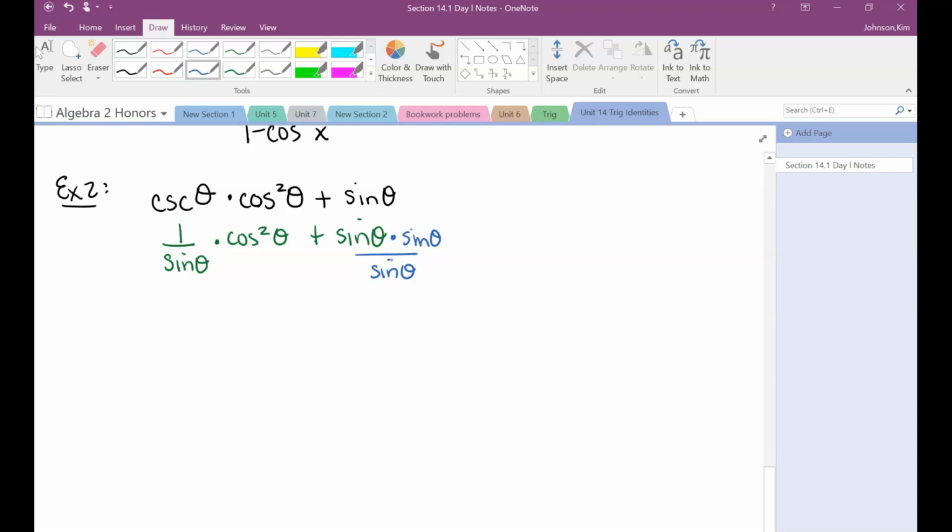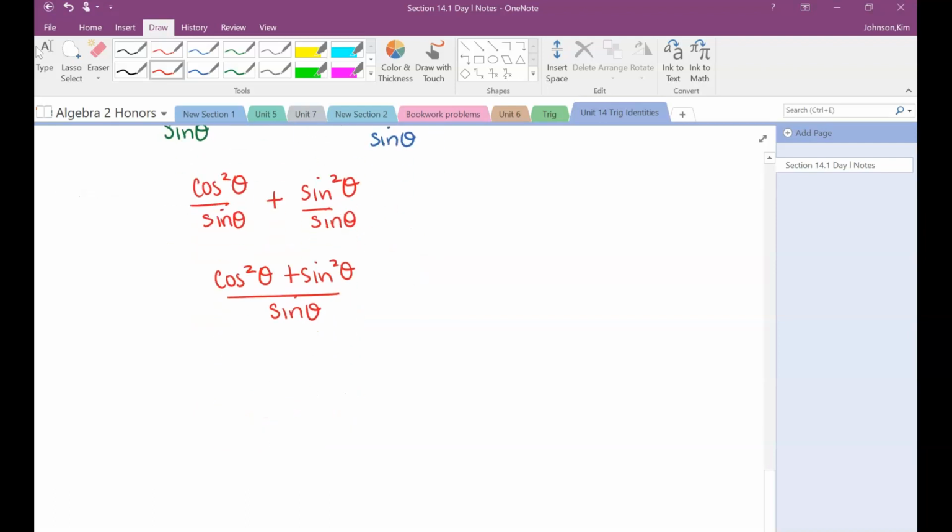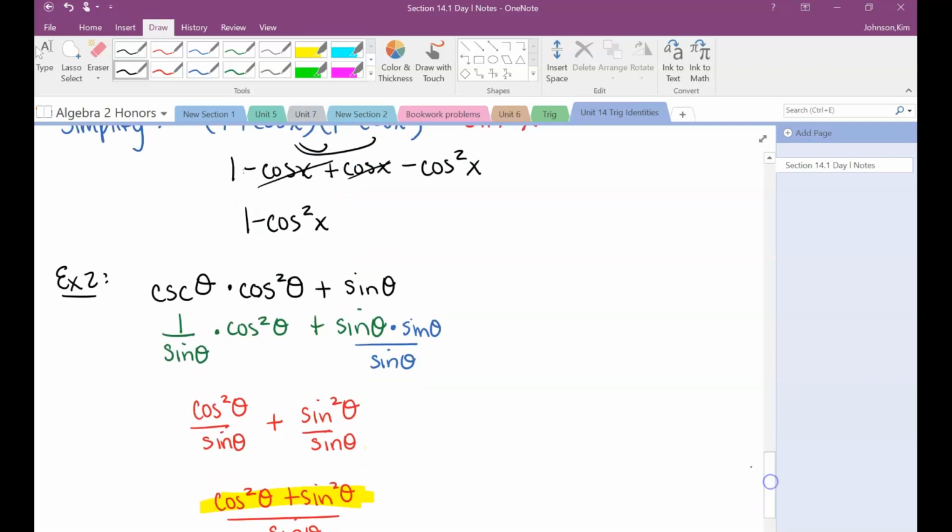So this is cosine squared of theta over sine of theta plus sine squared of theta over sine of theta, which can be rewritten as cosine squared of theta plus sine squared of theta over sine of theta, because now they have the same denominator. And this right here is our first Pythagorean identity that we developed above. That simplifies to 1 over sine of theta, which can be rewritten as cosecant of theta. So this entire expression simplifies to cosecant of theta.